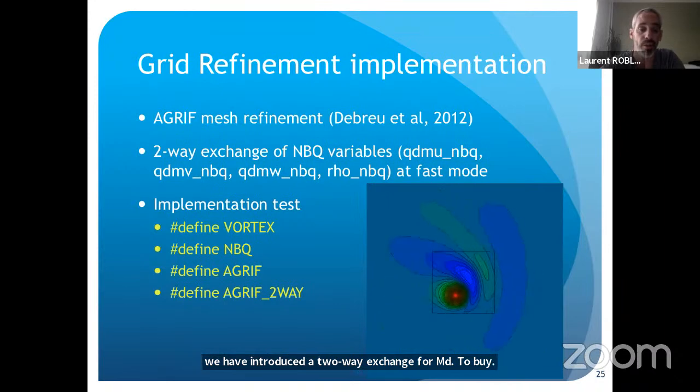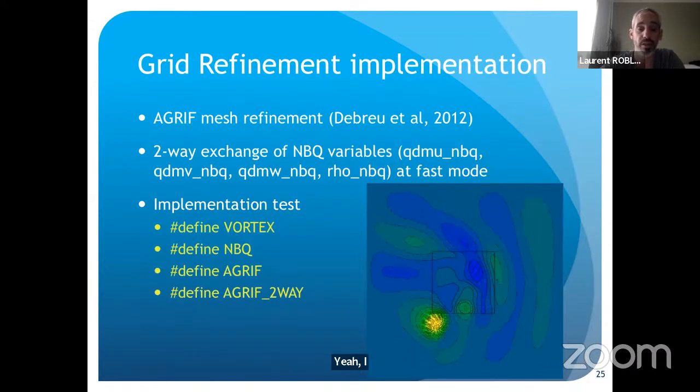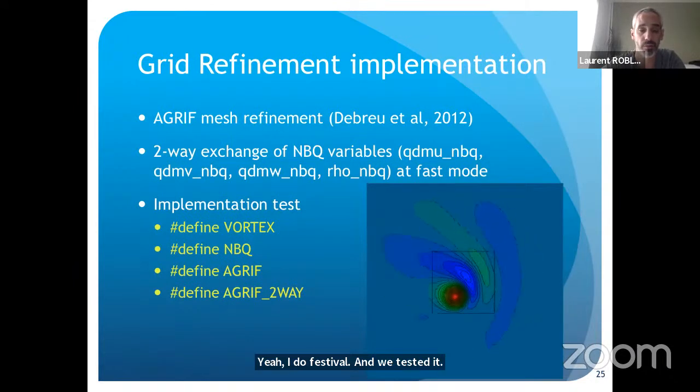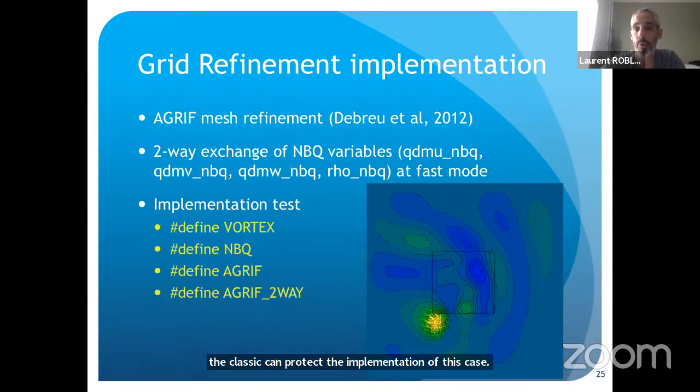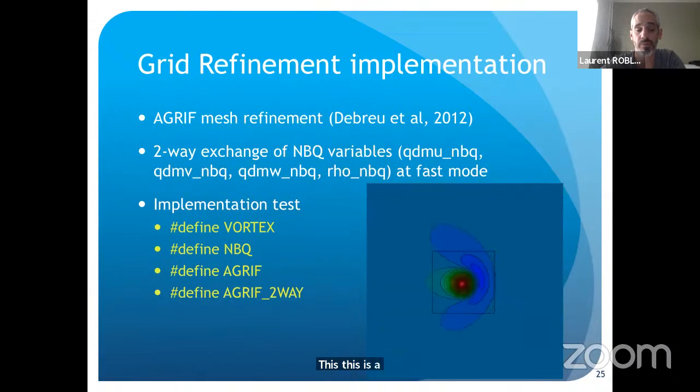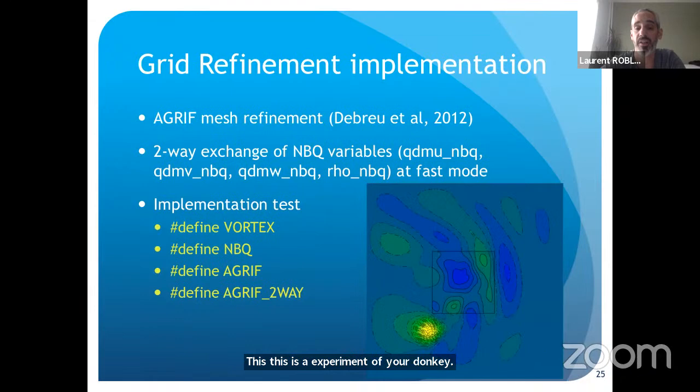We have tested it on the classical vortex test case, an idealized experiment of a baroclinic and asymmetric vortex that propagates on a beta plane.